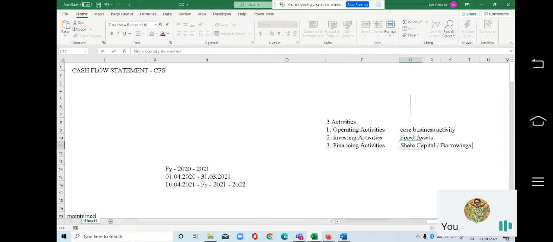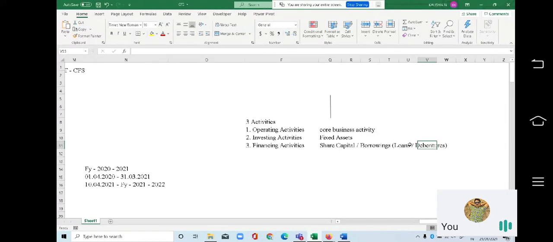When I say borrowings, it includes items like loans or it includes items like debentures. Okay, so these are the things that are dealt in financing activity basically. So without the finance, you can't do the operations. Without the amount, that is finance, you can't buy any assets. So this is how they are interlinked.